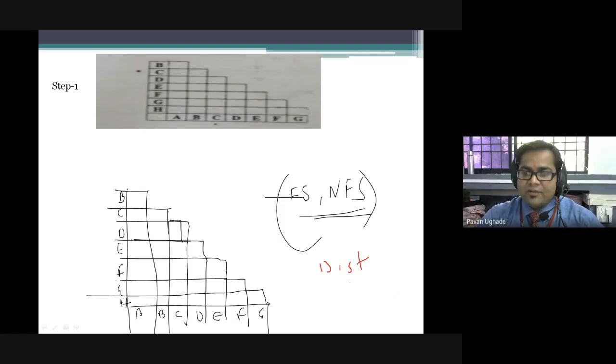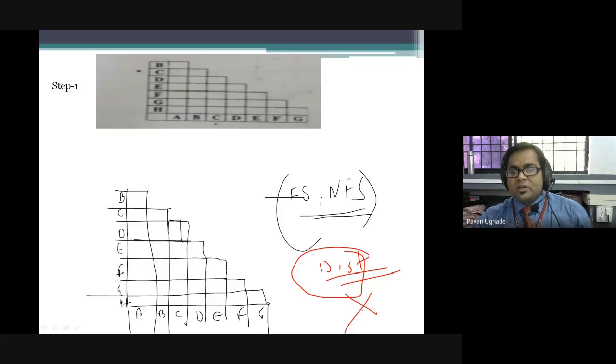Distinguishable. And I made one point before 10 minutes: distinguishable states can never be equivalent. Final state and non-final state. If there is a combination of final state and non-final state, they are distinguishable, and they can never be equivalent states.